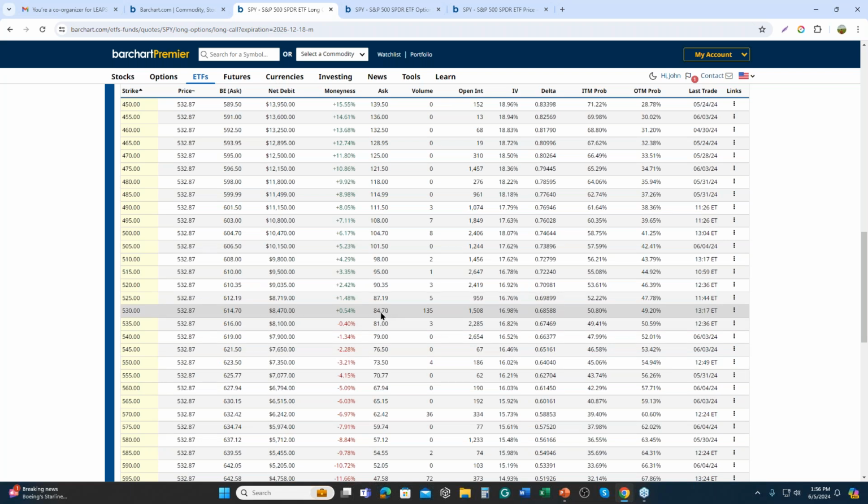Now, again, remember our bids and asks are very wide, and the market maker always prices leaps in favor of the market maker. So you might be able to buy this at a little bit of a deeper discount.